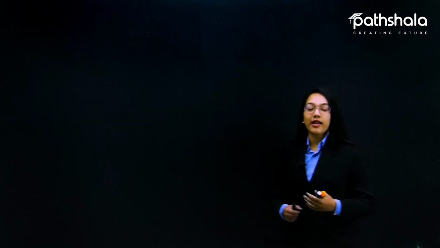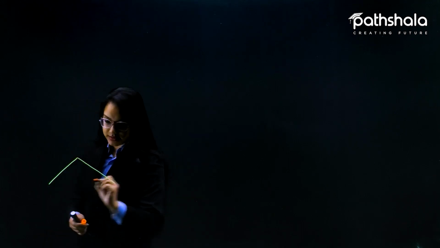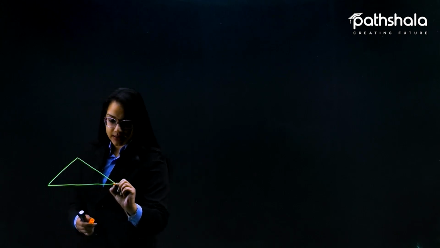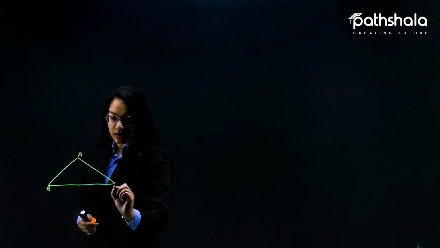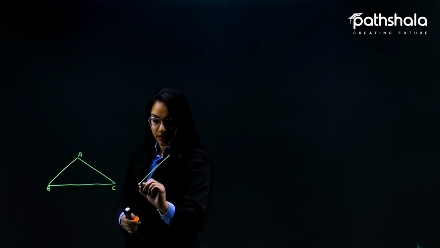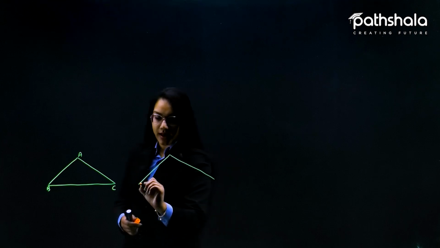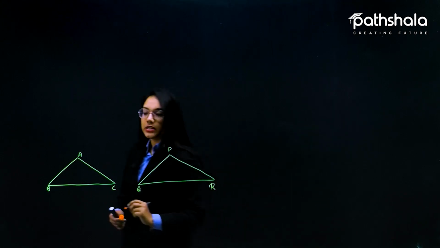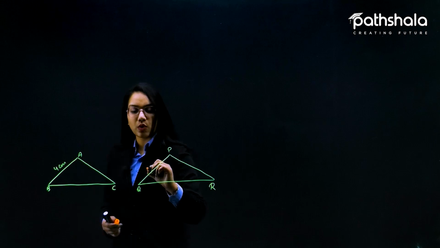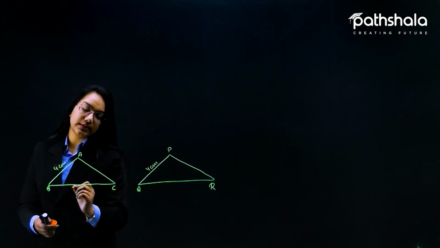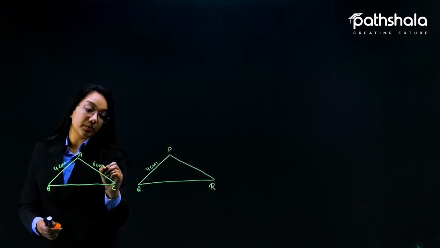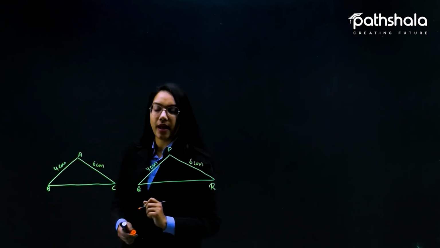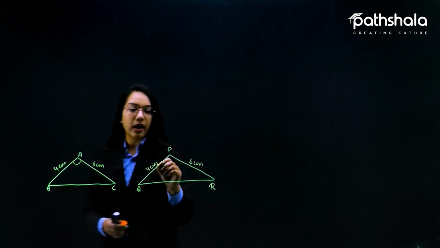Let us suppose I am taking two particular triangles. I call the first triangle ABC, and furthermore I take another triangle and call it PQR, such that this side is 4 centimeter and this side is also 4 centimeter, this is 6 centimeter and this is again 6 centimeter, such that this angle and this angle are equal to each other.